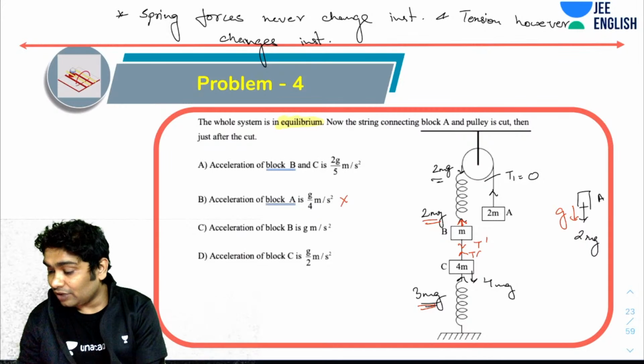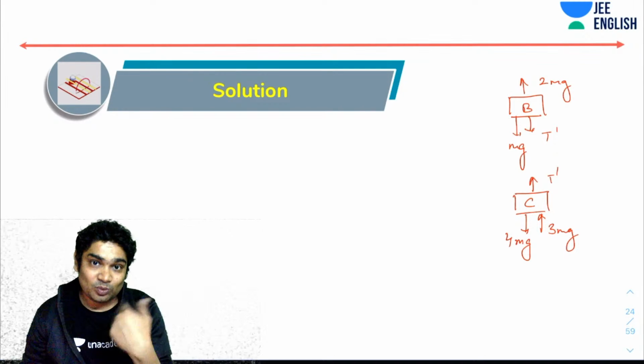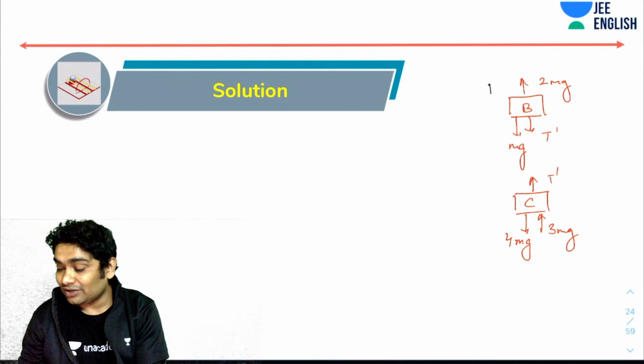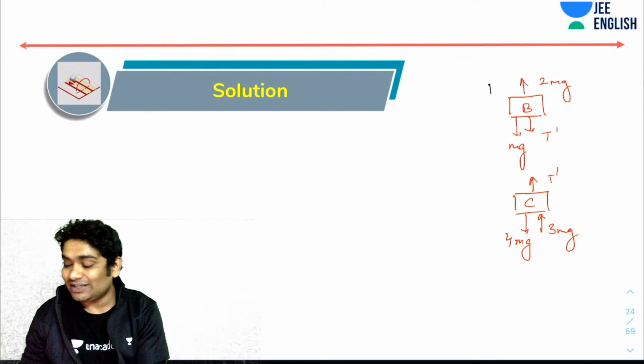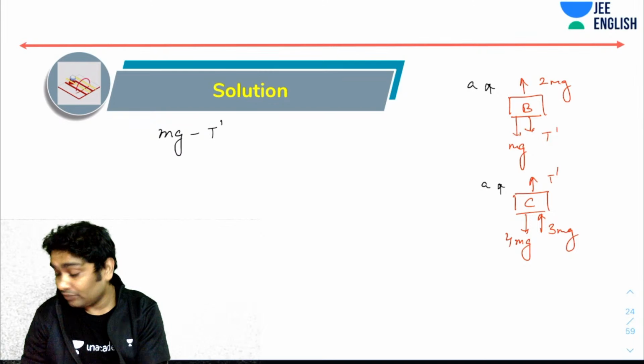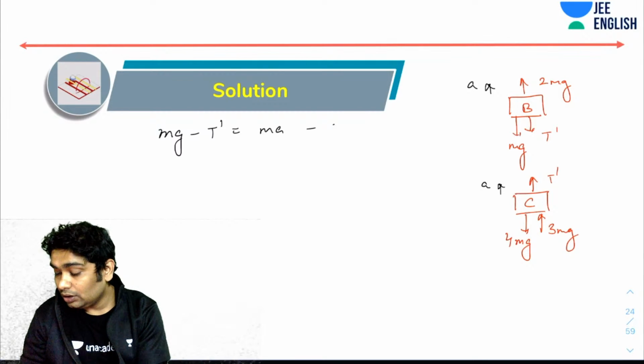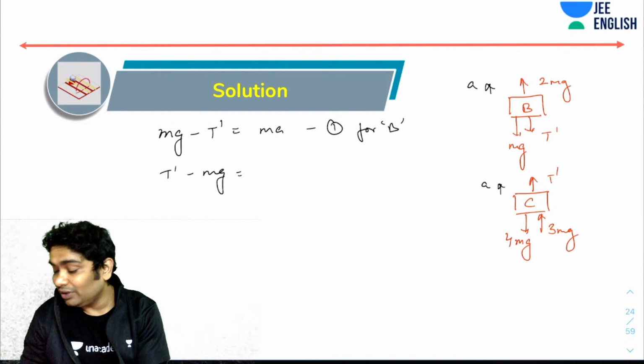Assuming B is moving upward and C is also moving upward with some acceleration a, I can say mg minus T dash equals ma for B. Similarly, for C, the upward force would have been T dash minus 4mg, equal to 4m times a.